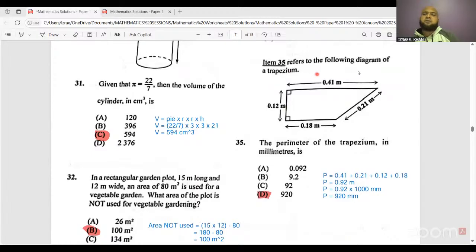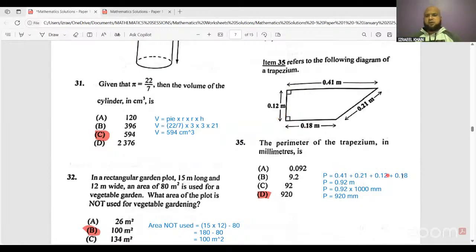35. We put the trapezium in the diagram. You all can see this here. Perimeter of the trapezium in millimeters is, well, first thing we need to do is just get the perimeter in meters and then convert to millimeters. So it's 0.41, add 0.21, add 0.18, add 0.12. It doesn't matter the order.